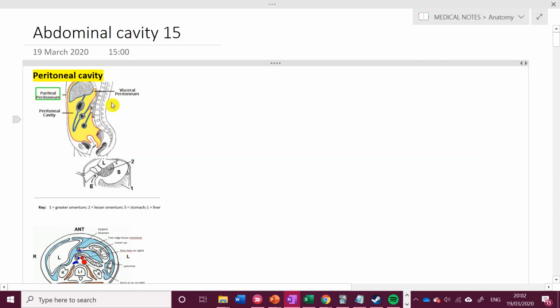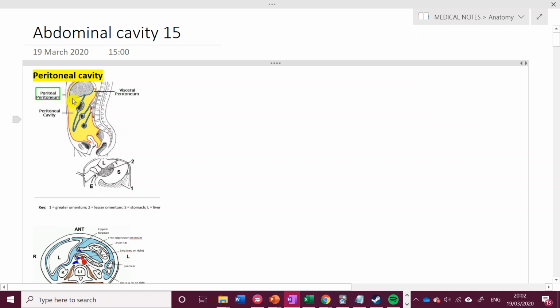So, the abdominal cavity. When we're talking about the abdominal cavity, we are talking about a space in the middle portion of our bodies which is lined by the peritoneum, which covers the anterior and posterior abdominal walls, as well as the organs.